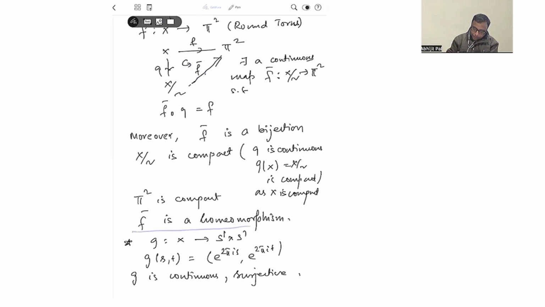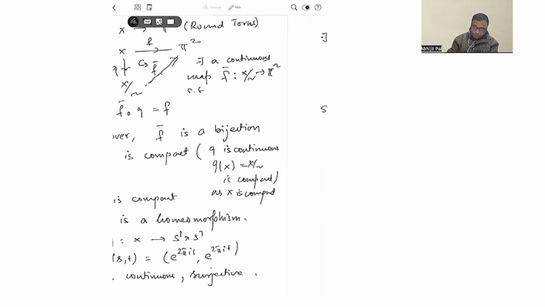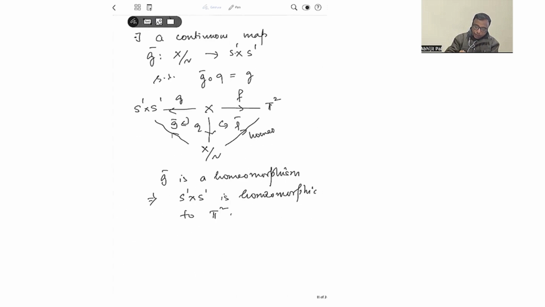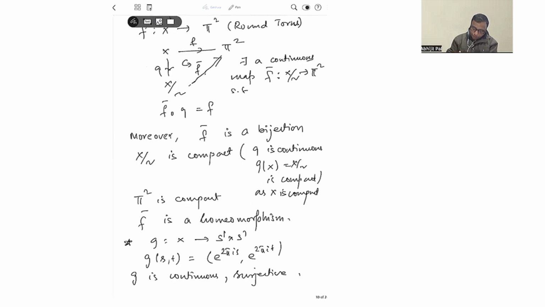That thing I have written here. And this torus you can also write as S1 cross S1. Again, one can prove that this S1 cross S1 is homeomorphic to your torus. So again we have this map G from X, the unit square, to S1 cross S1.